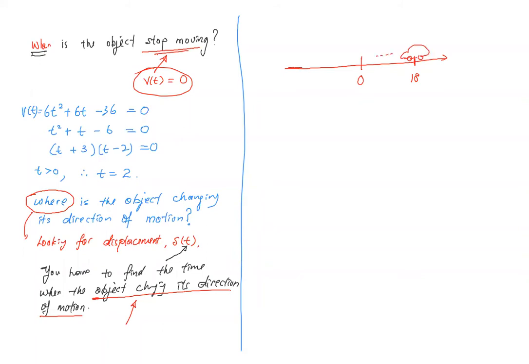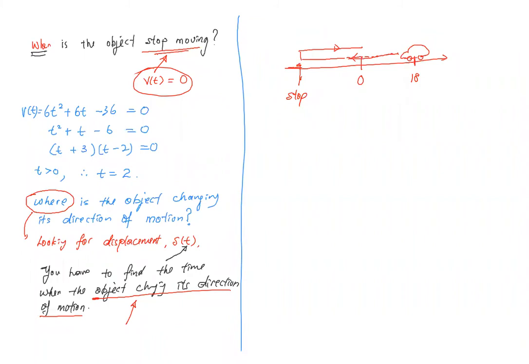So if you want to change the direction of motion, you have to stop first, am I right? The particle has to stop. Then only can change the direction of motion, am I right? Every time when you make a U-turn for the car, you didn't realize only because the change is very fast. You have to stop first.